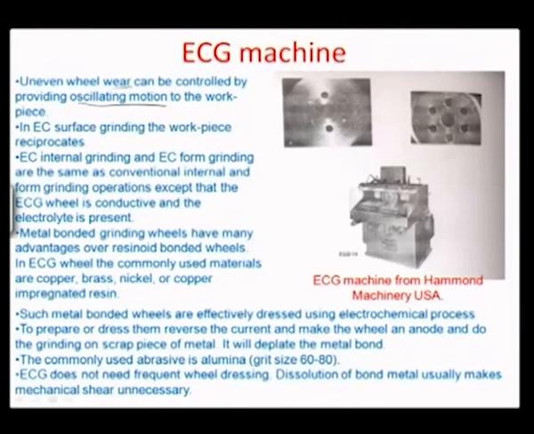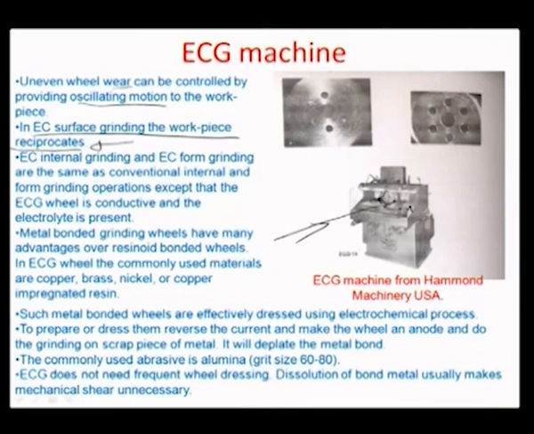So the EC surface grinding typically necessitates the workpiece to reciprocate with respect to the tool. For example, this is a tool which is shown, where you can see this stage here which is containing the workpiece, and it has a rectilinear motion in both the x and minus x direction, okay, as the tool moves in clockwise or anti-clockwise direction.